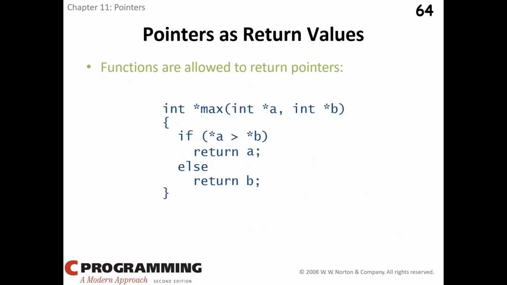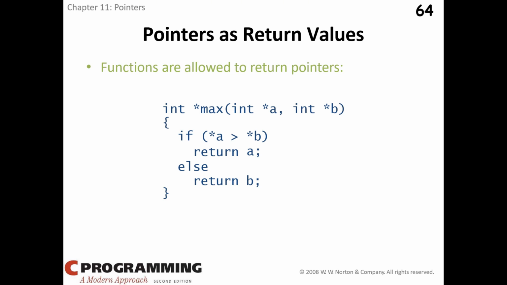And in C programming, functions are not restricted to returning only simple data types like integers or characters. They can also return pointers. So consider the function we have here, function max, which takes two integer pointers a and b as arguments.